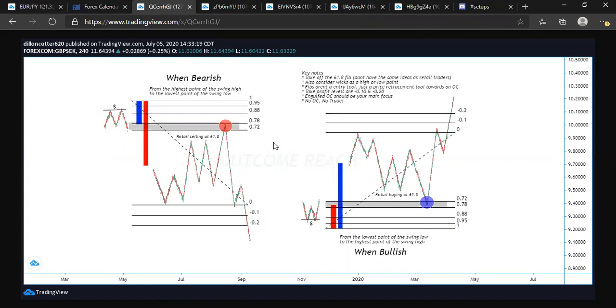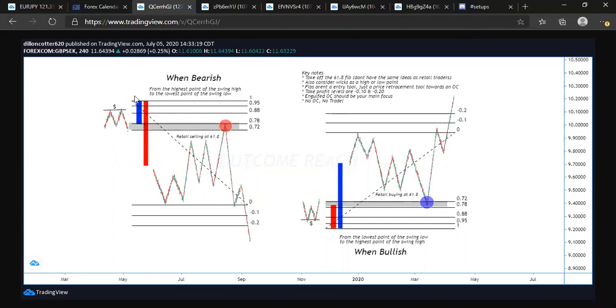And what I want to talk about today is a price retracement tool, also known as Fibonacci.